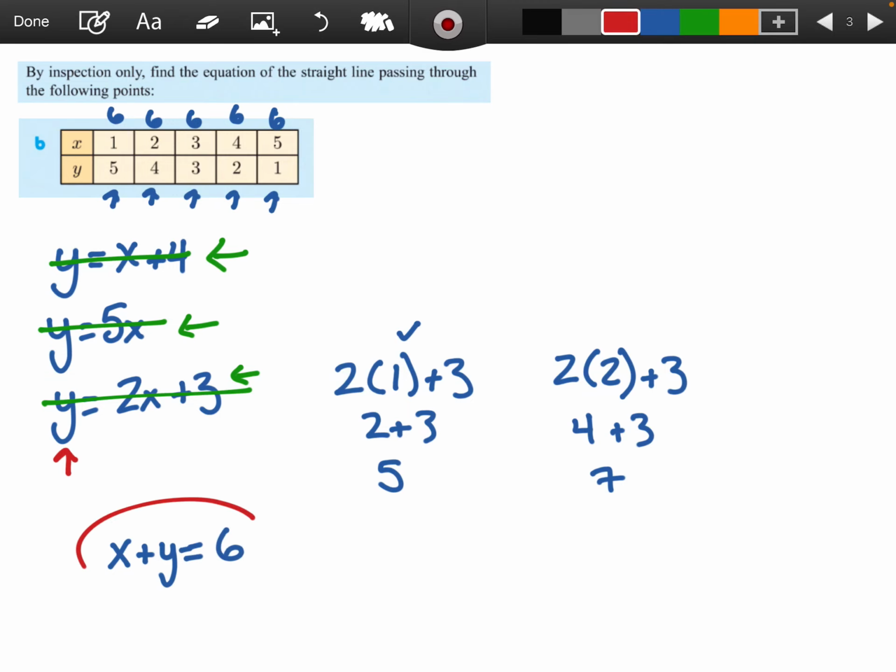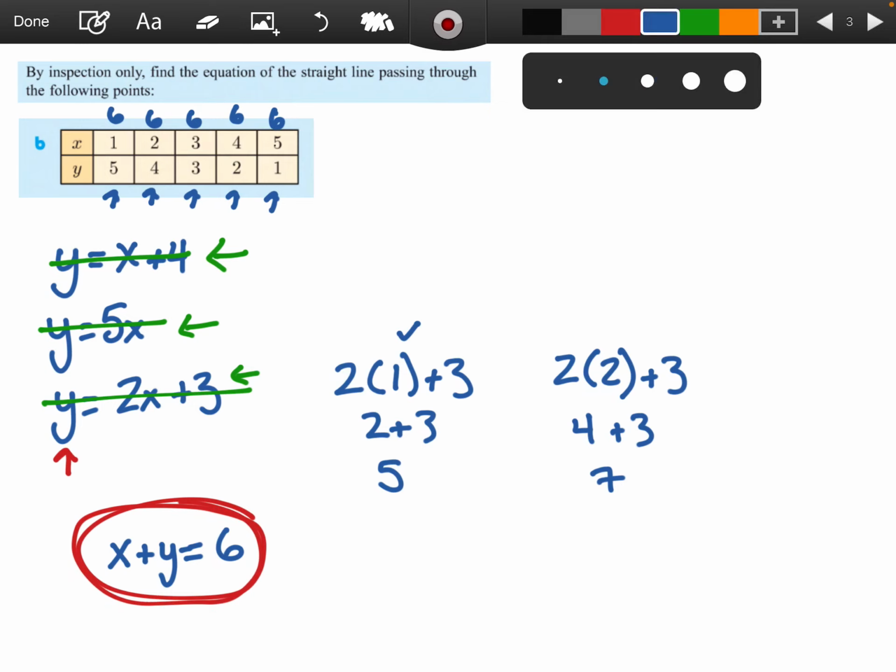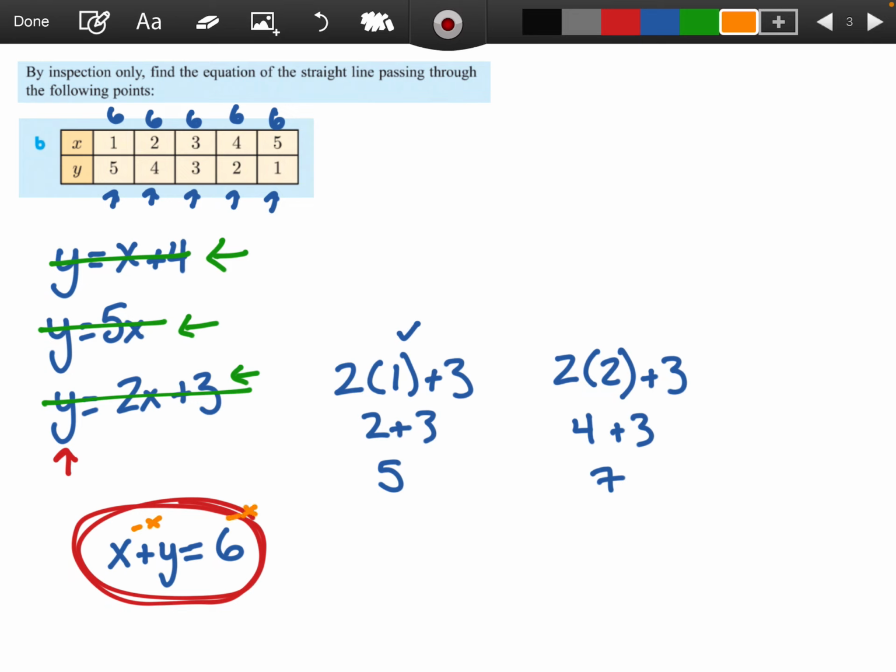That will work for all of them. Or if you're really stuck on writing it in slope-intercept form with the y first, you could rearrange that equation. If we want y by itself, we subtract x from both sides, giving us y equals negative x plus 6.